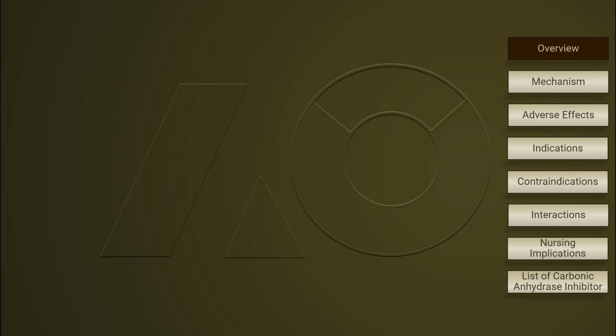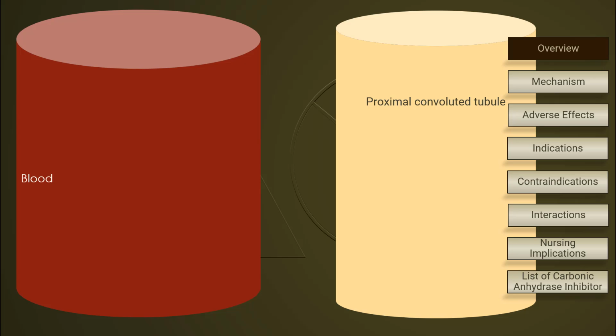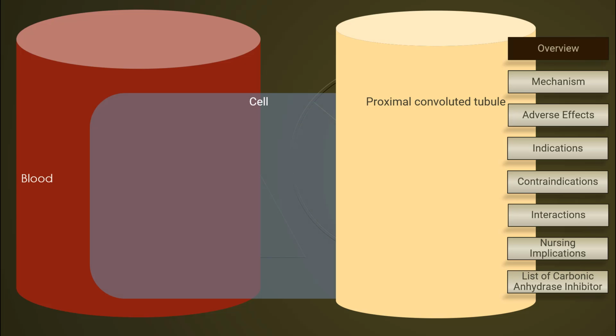Here, let's open up the space between the blood vessel and the urinary lumen, and let's also enlarge the epithelial cell. Now let's quickly see how carbon dioxide and bicarbonate convert to each other in the epithelial cell and at the apical membrane. Carbon dioxide enters the cell from the bloodstream, combining with water and converting into carbonic acid.